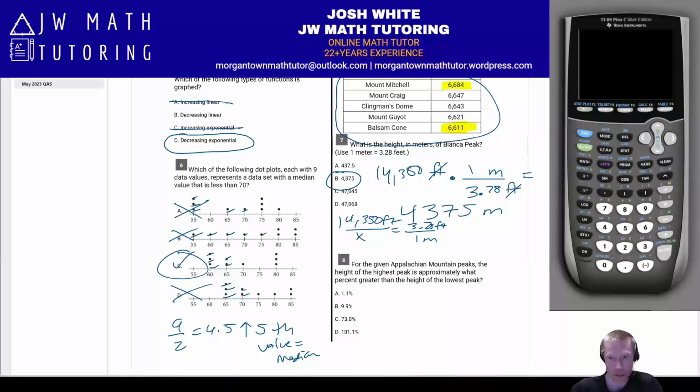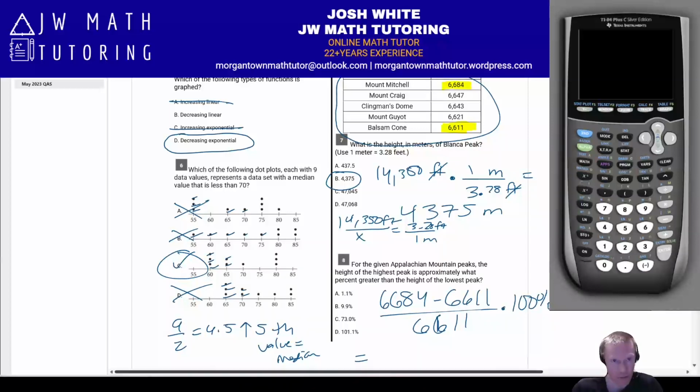So percent change formula just says, normally it's new minus old divided by old. So for this one, it would be the 6684 minus 6611 and then divided by 6611. Then you, of course, multiply it by 100% in order to get the percentage.